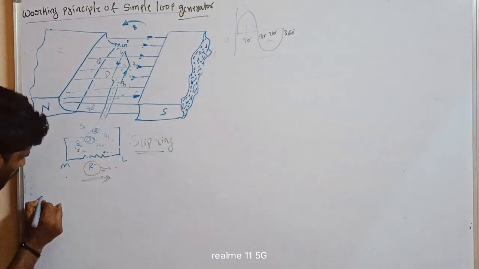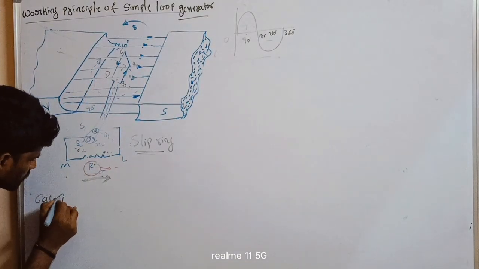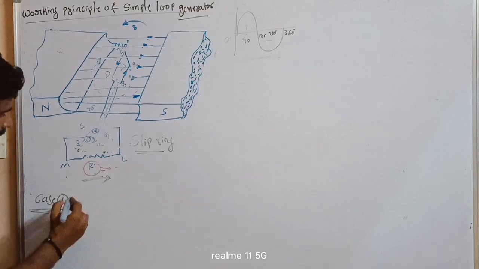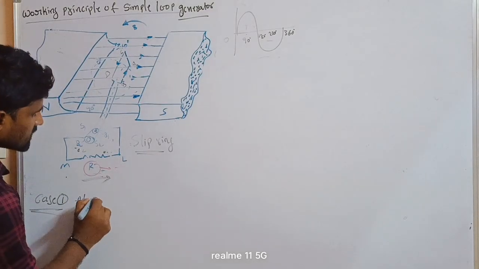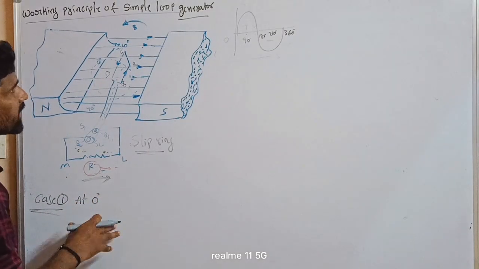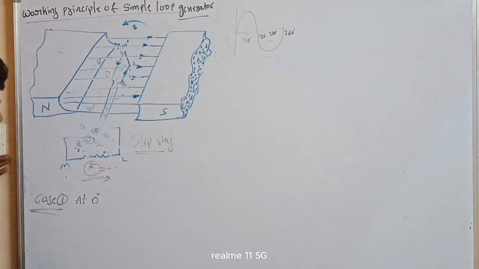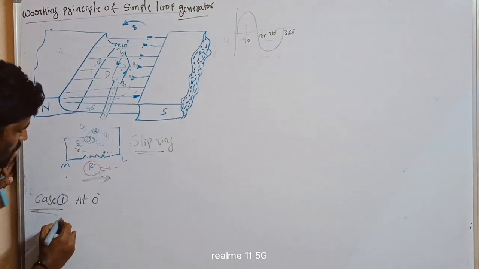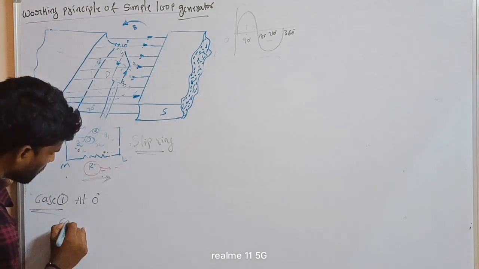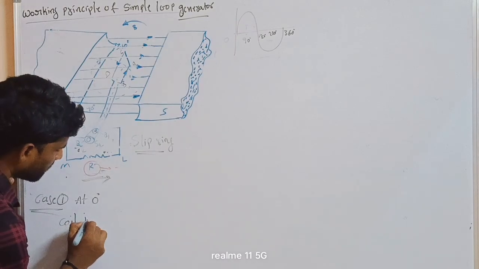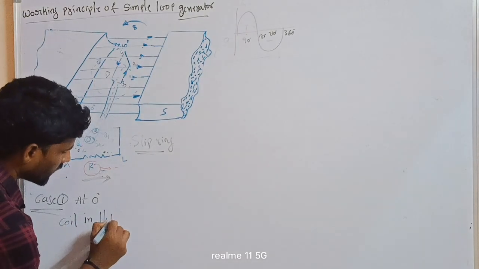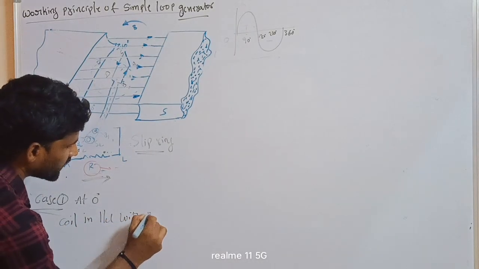First let us take case 1 at 0 degrees. At 0 degrees, the coil is parallel with the magnetic field.